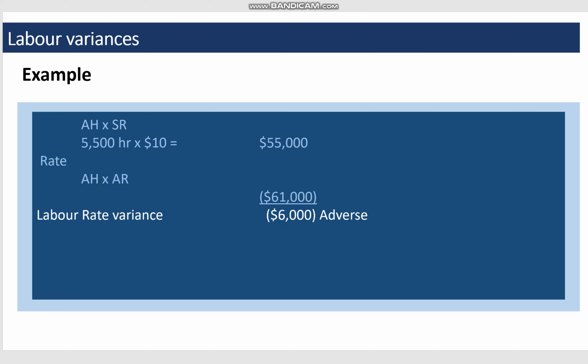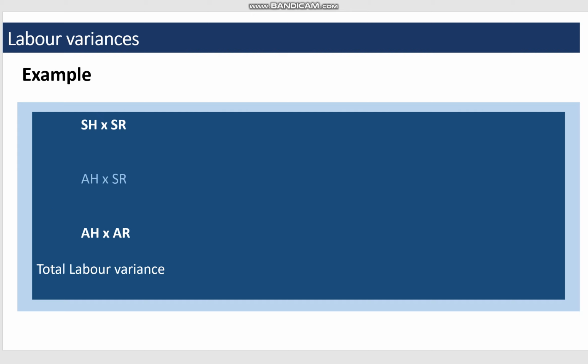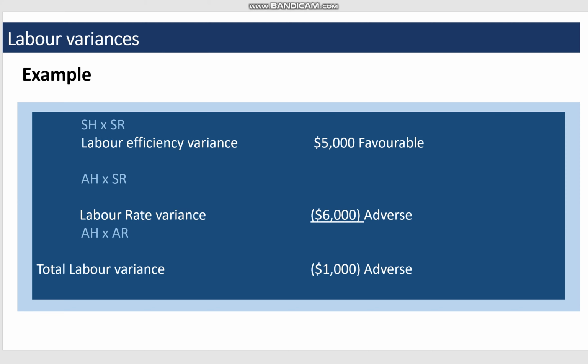So that was $6,000 adverse. Now if we combine the efficiency and rate variances, we get the total labor cost variance. Efficiency was $5,000 favorable and rate variance was $6,000 adverse, and combining them gives us $1,000 adverse, which simply reflects that we probably tried to spend more money on the labor rate by hiring better skilled workers, and because of hiring better skilled workers, it ended up giving us better efficiency.